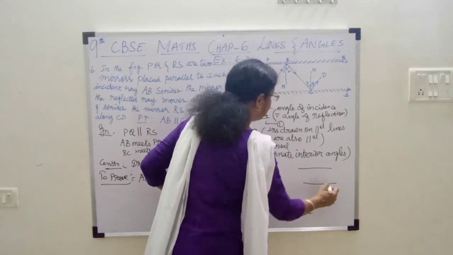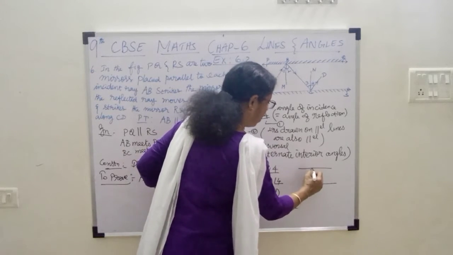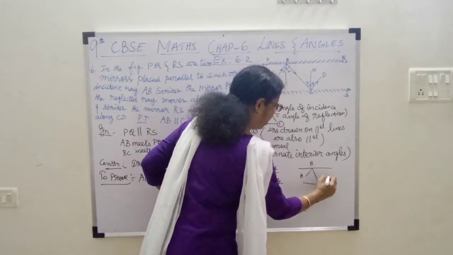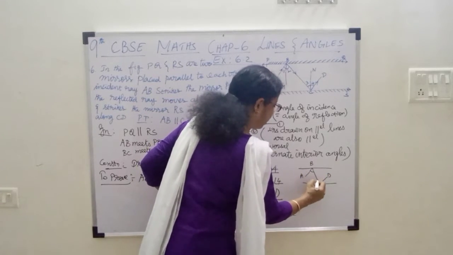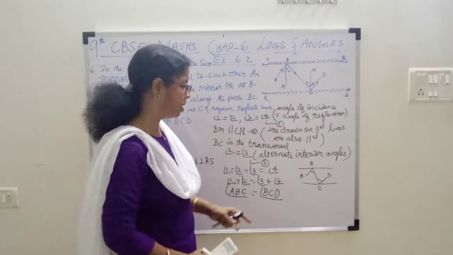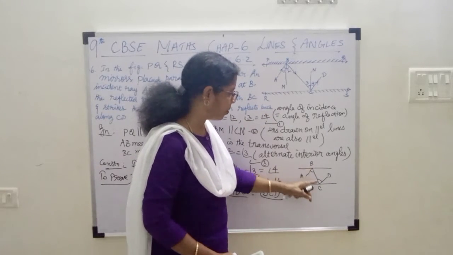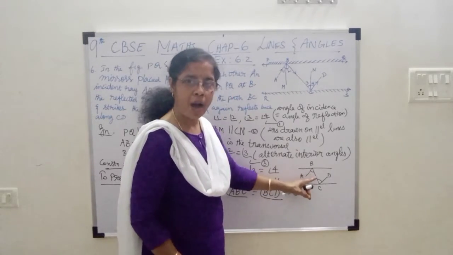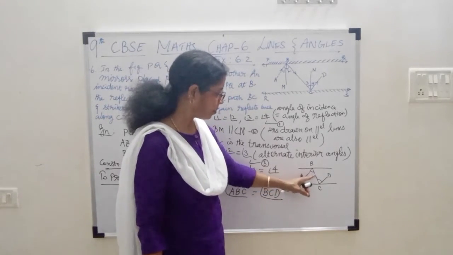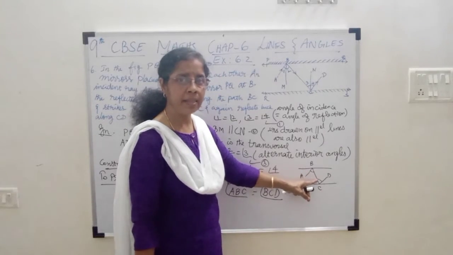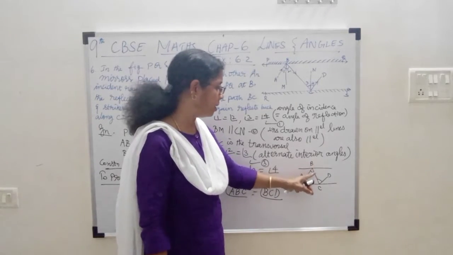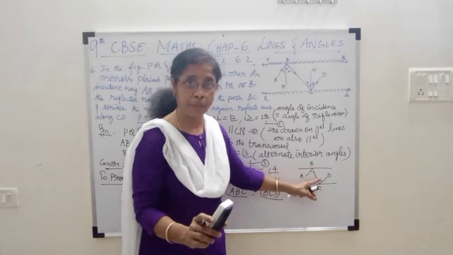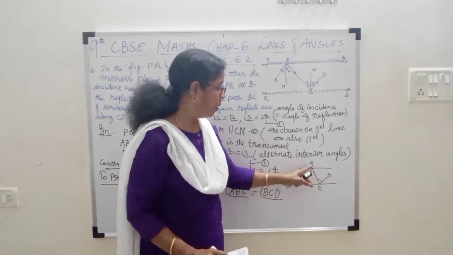Two parallel lines. You have A, B, C, D. Now, angle ABC is equal to angle BCD means what type of angles? These two are alternate interior angles where BC is the transversal between these two lines. I am not saying AB and CD are parallel now.